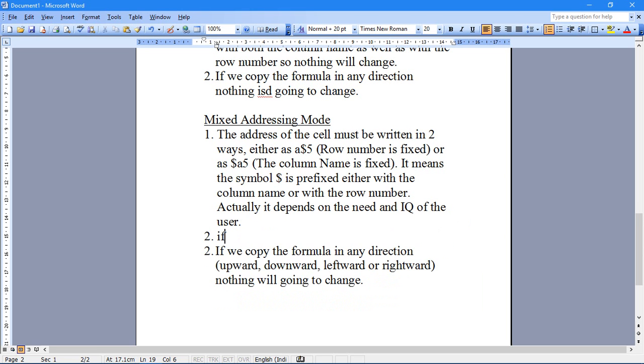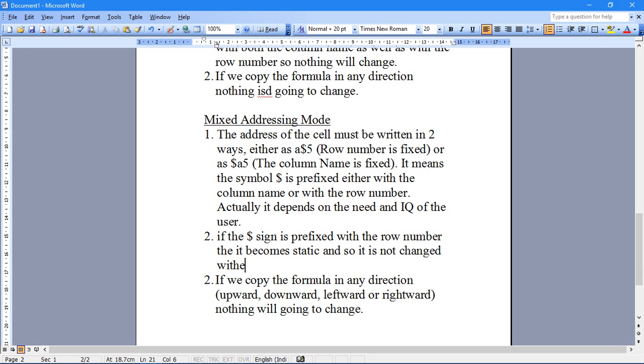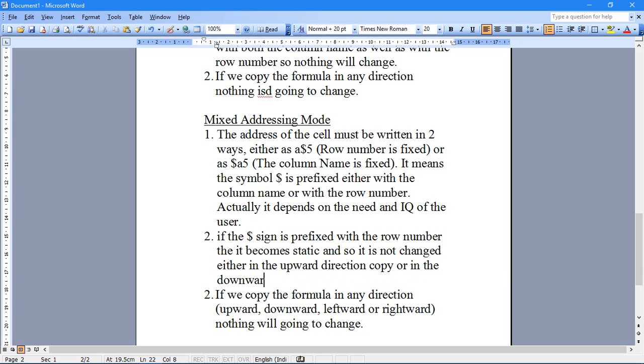If the dollar symbol is prefixed with the row number, then it becomes static, and so it is not changed either in the upward direction copy or in the downward direction copy.